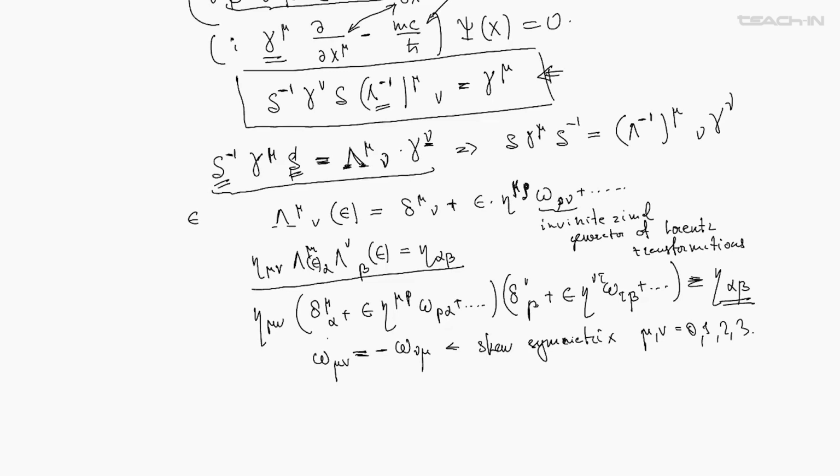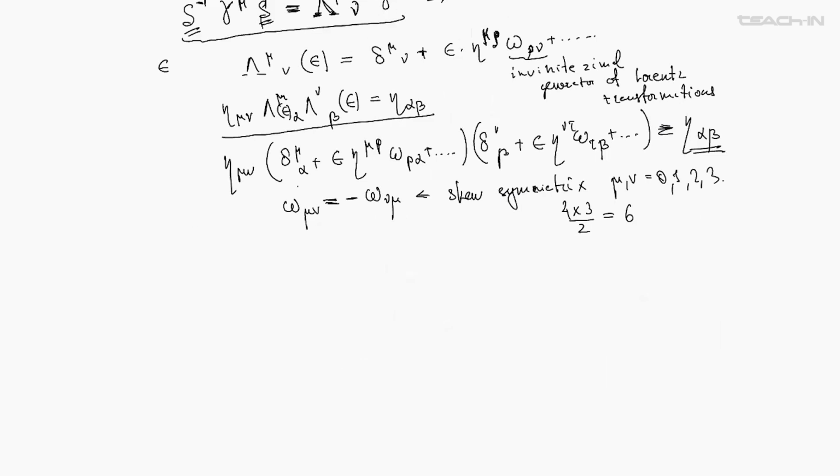And these are exactly the 6 parameters of Lorentz transformations, 3 rotations and 3 Lorentz boosts. So ω_{μν} are, in this way, infinitesimal parameters of an arbitrary Lorentz transformation, including 3 rotations and 3 Lorentz boosts.